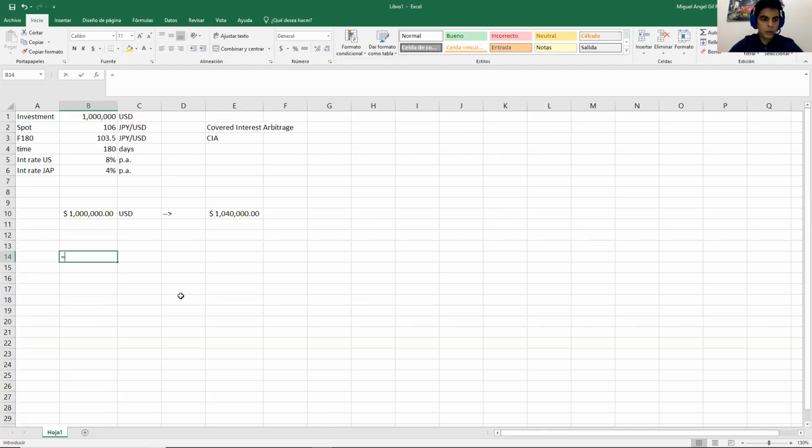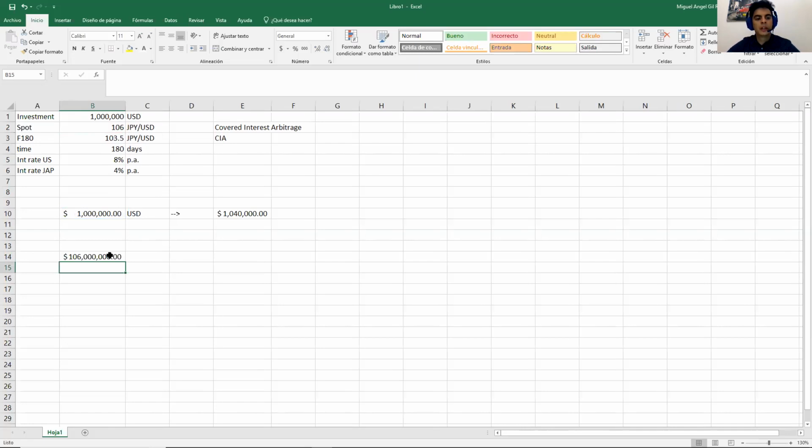So the first thing to do is to calculate how many yens I can get with $1 million. What should I do? I should use the spot rate, this one, but should I divide or multiply? If I have yens on top and dollars at the bottom, it should be multiplying. So I will get 106 million yen.